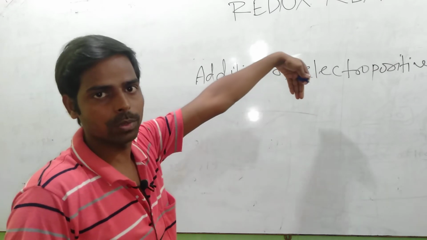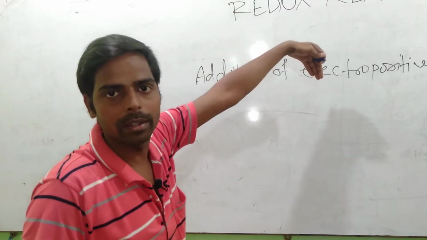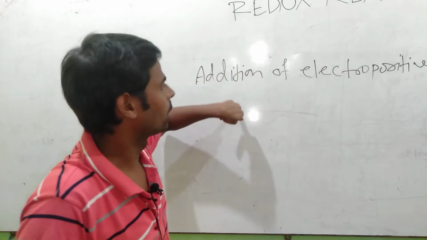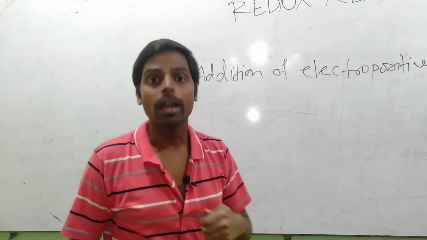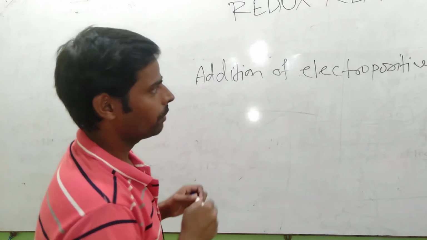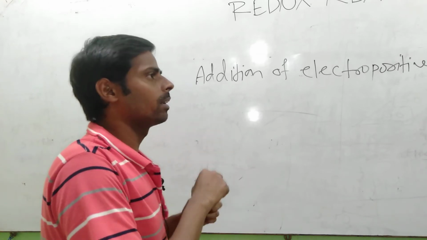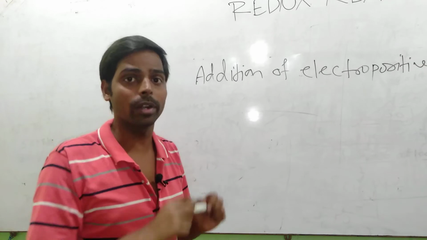Hydrogen is also electropositive. So if any electropositive element is added in the reactant to form the product, that reaction is reduction. Similarly, if any electronegative element is removed from the reaction to form the product, that will also be reduction.